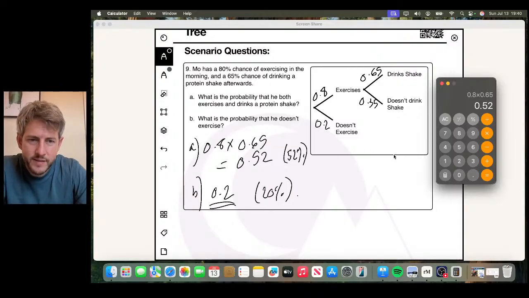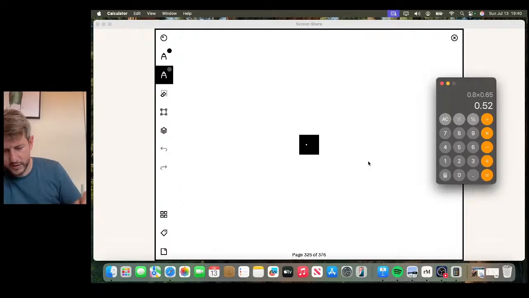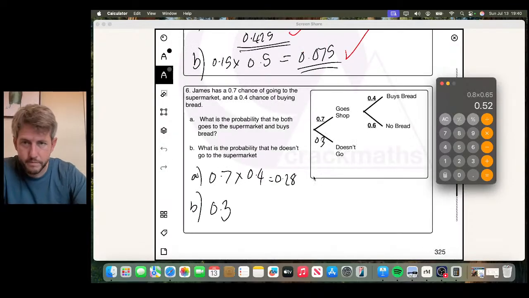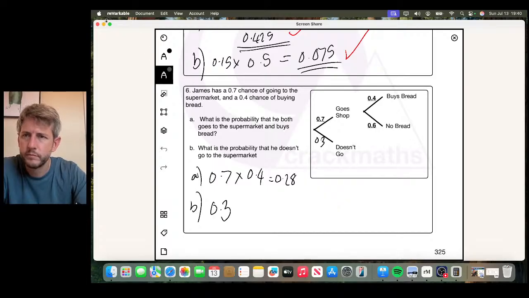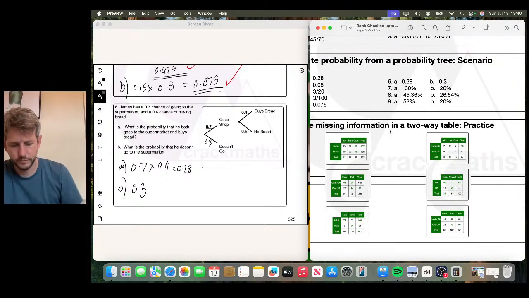Okay, great. Let's get these questions marked. And I think we'll need to edit the mark scheme as well to put in those decimals. Here we go.